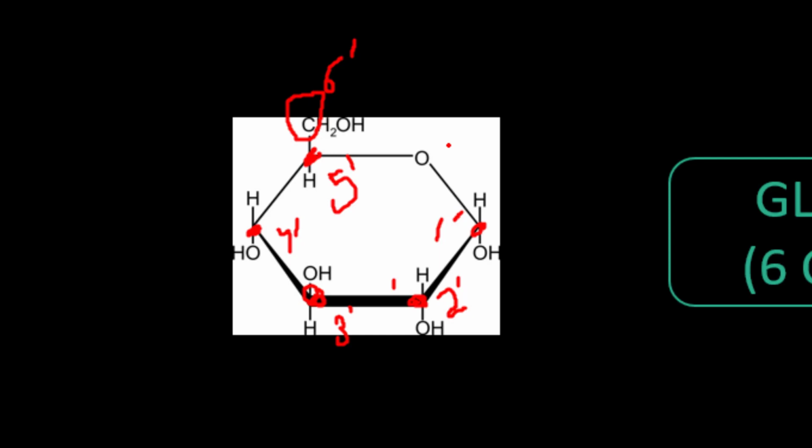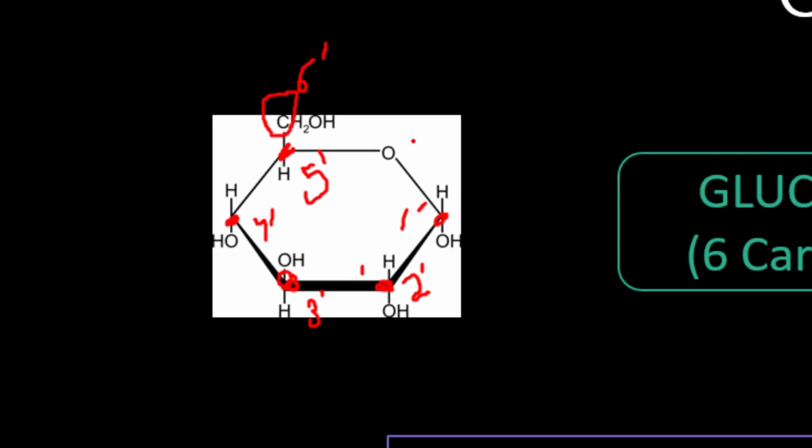Now you'll learn in higher classes why these numberings are important and how they are associated with other biomolecular structures, and you'll also see the importance of these, which basically differentiates deoxyribonucleic acid, DNA, from ribonucleic acid, RNA.